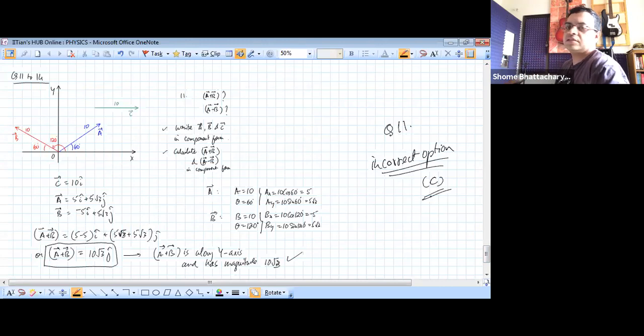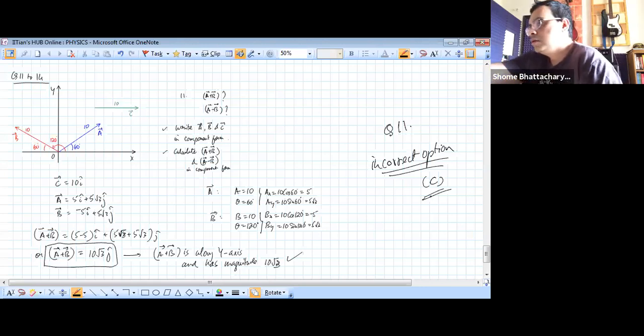If it's given as B, then just make it C. Sorry, I did not see that it's the incorrect option. Yeah. So incorrect option is the C one. बाकी तीनों ऑप्शन करेक्ट है.